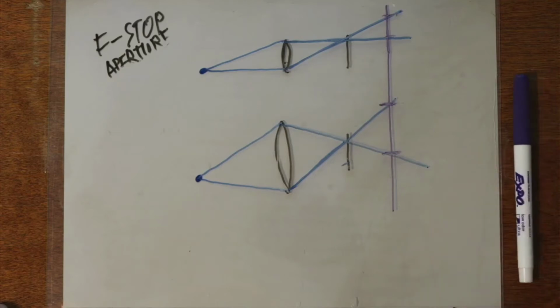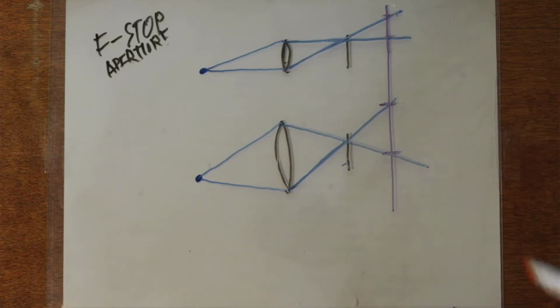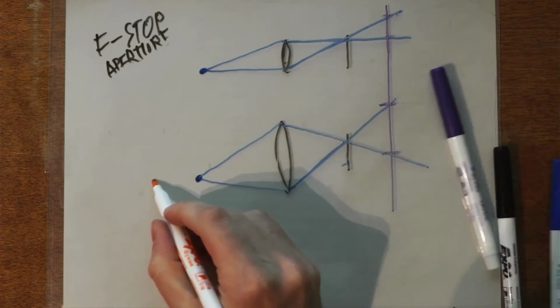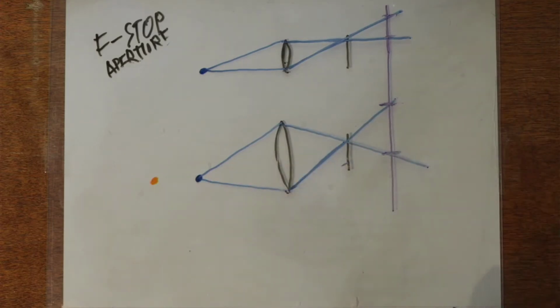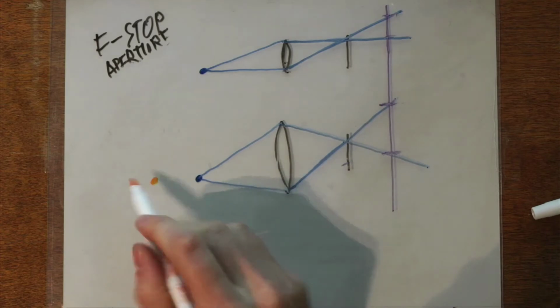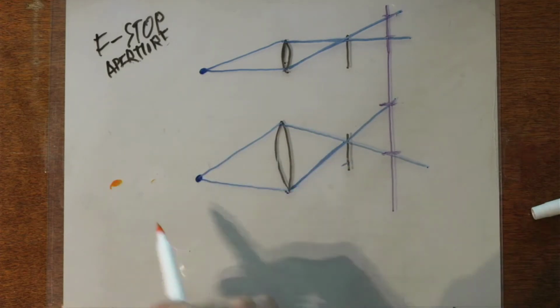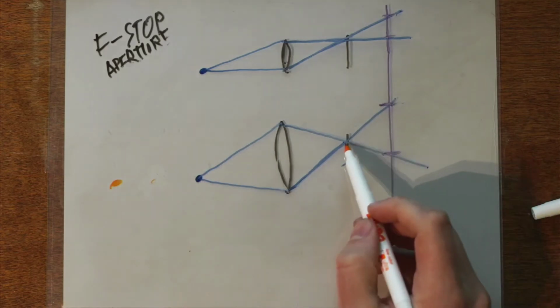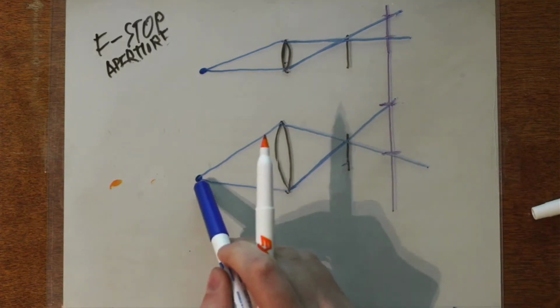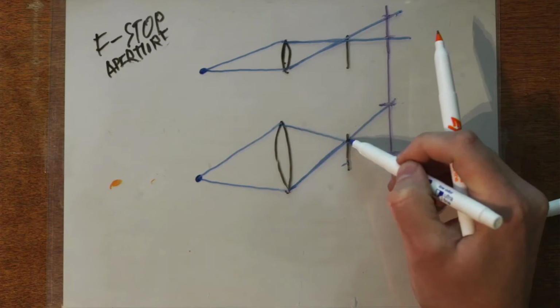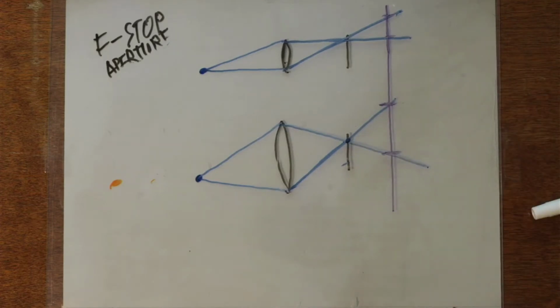Now, we might as well just cover focus while we're here. Let's get some orange action. Now, as my markers attempt to attack me, let me push this guy out a little further. We have an object that is in focus, right? If I have an infinitely small point right there and I get an infinitely small dot on my sensor, that is in focus.